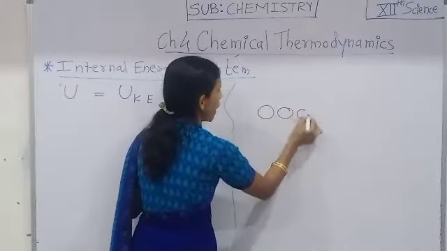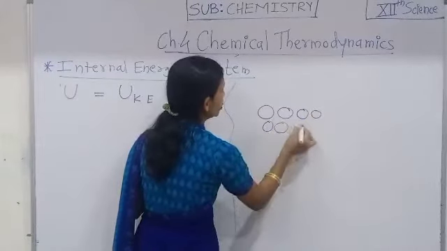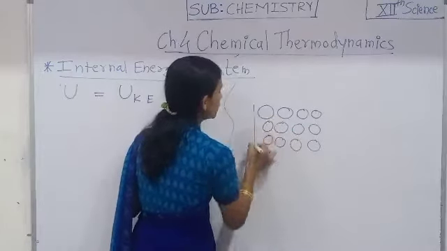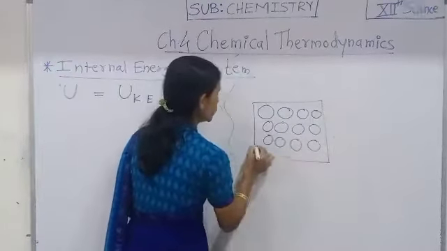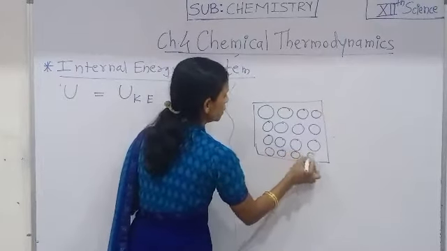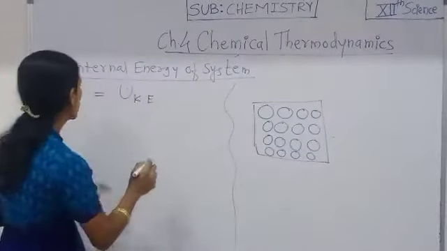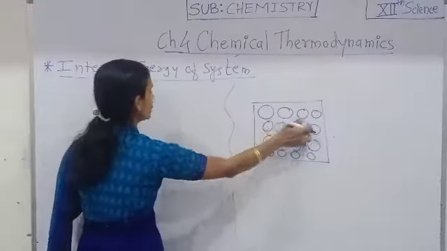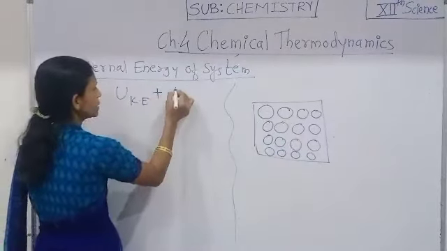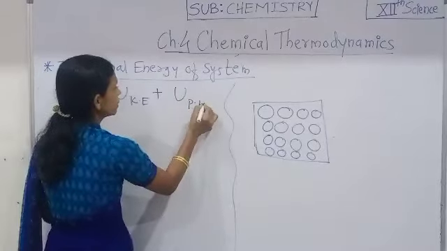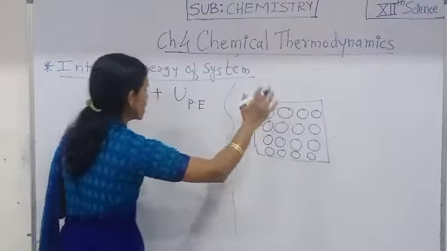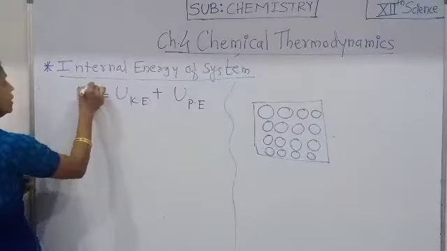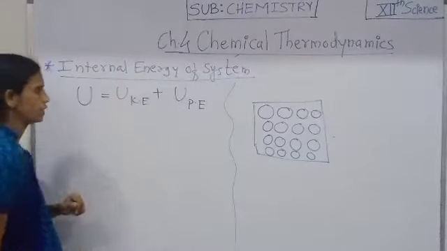It may be atoms or molecules, and the energy associated with those particles is of two types: kinetic energy related with those particles, as well as potential energy related with those particles of that substance. That is nothing but the internal energy of that substance.